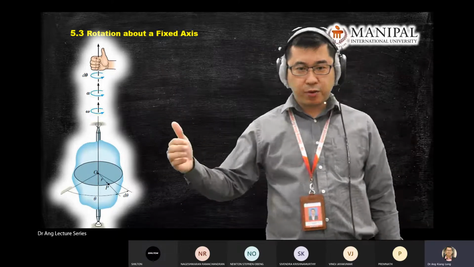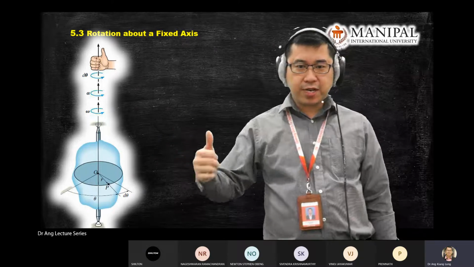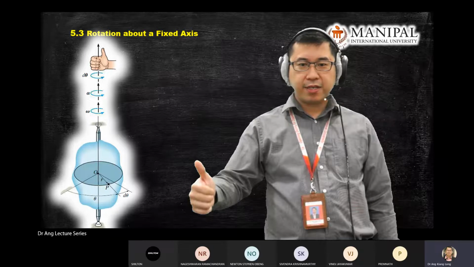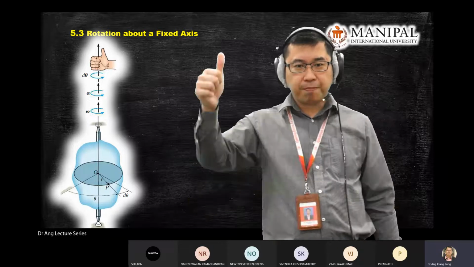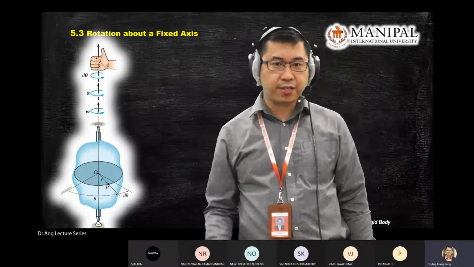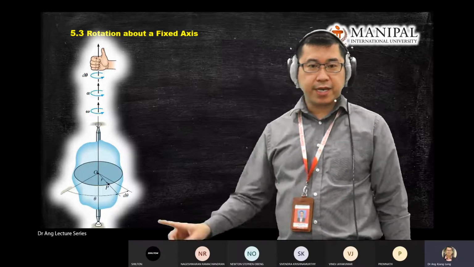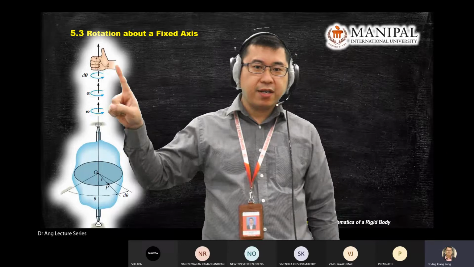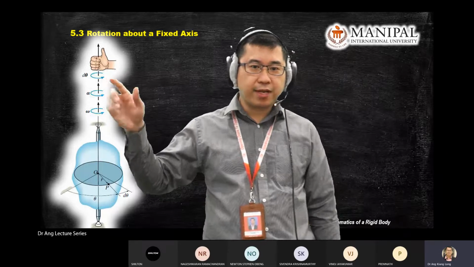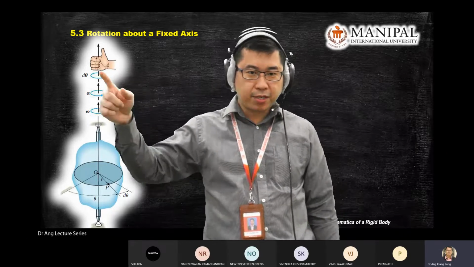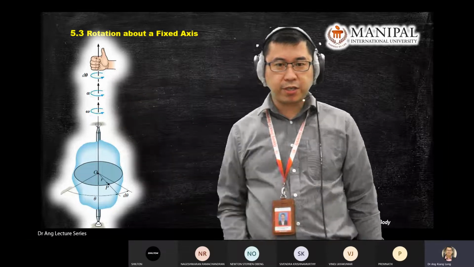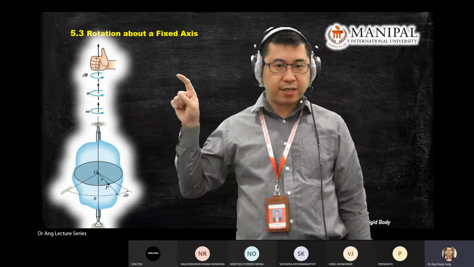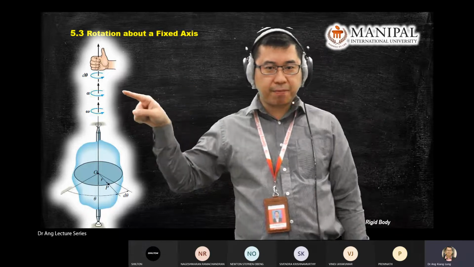When you have rotation anti-clockwise, you follow the angle of rotation. The thumb will tell you the positive direction of your fixed axis. Later we look at omega, we look at alpha, and del theta. Del theta means the change of angle of rotation. In statics, you learned about omega, touching a little bit on alpha.